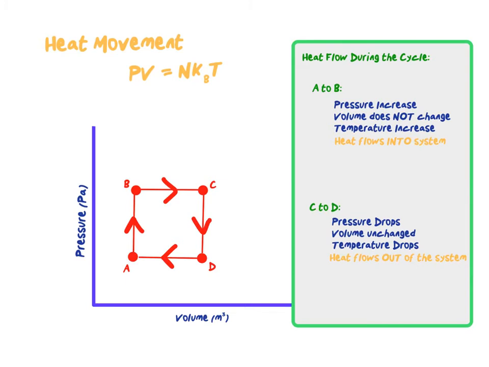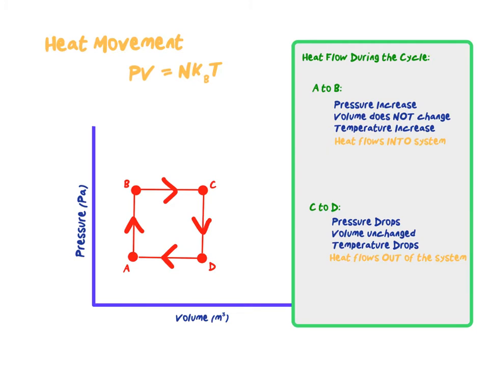The pressure and the temperature are increasing. We're looking at A to B here. And there isn't any volume change. And for that to be true, that means that it's happening very fast. So it's almost like an initial pump in of heat before anything happens.